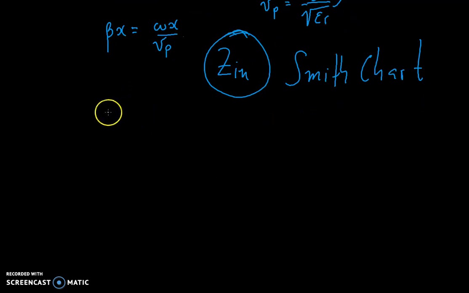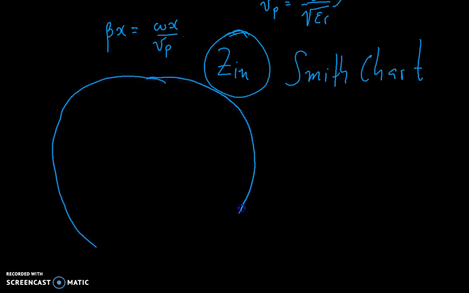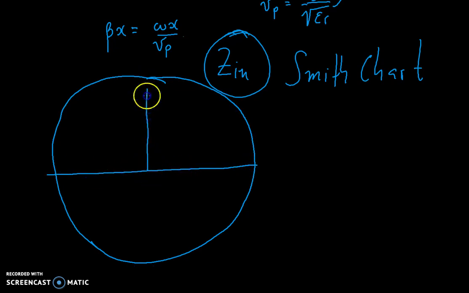Just for now, to give you a primer of what it looks like, the Smith chart is a circle like this. There's a line here, there's a line here.